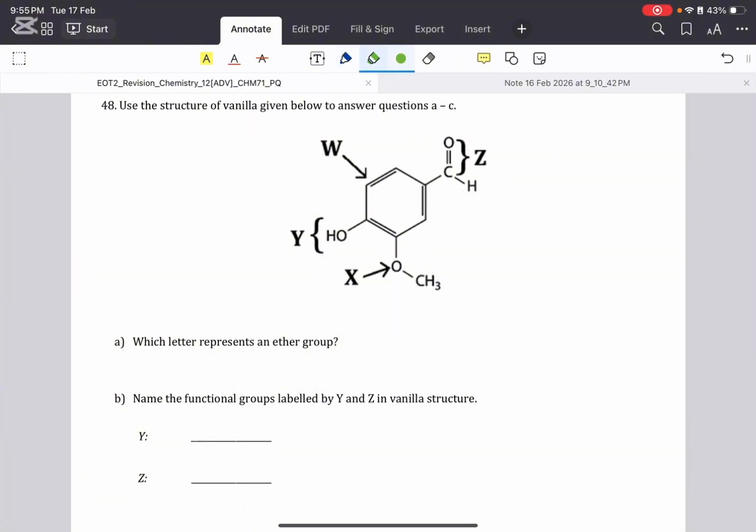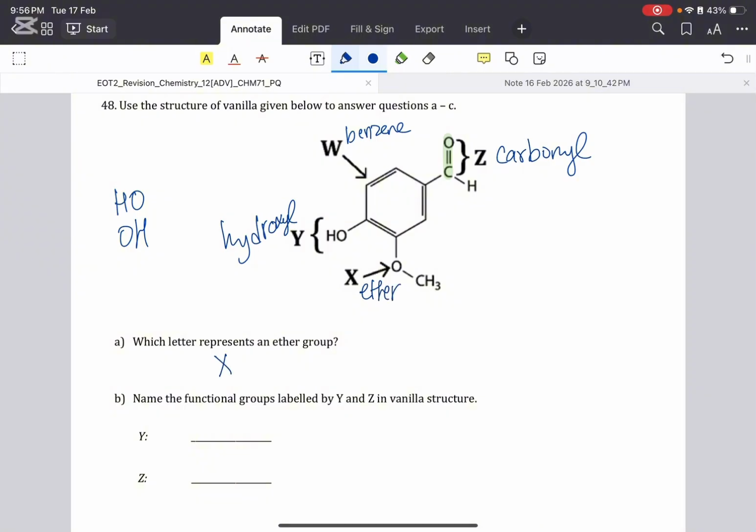So let's first look at this functional group. This is the carbonyl. Again, that is a benzene ring. This is hydroxyl. It's okay if they wrote it HO or OH. So that's hydroxyl. And that is a functional group for ether. Okay? So which letter represents an ether?